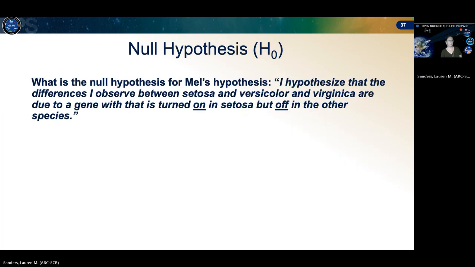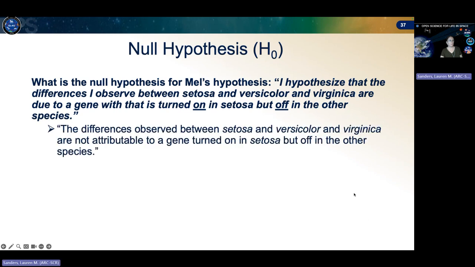So what would the null hypothesis be for the hypothesis that Mel put forth, which is: I hypothesize that the differences I'm observing between all of these species are due to a gene that's turned on in setosa, but off in the other species. So the null hypothesis would just be the differences observed between all of these species are not attributable to a gene turned on in setosa, but off in the other species.